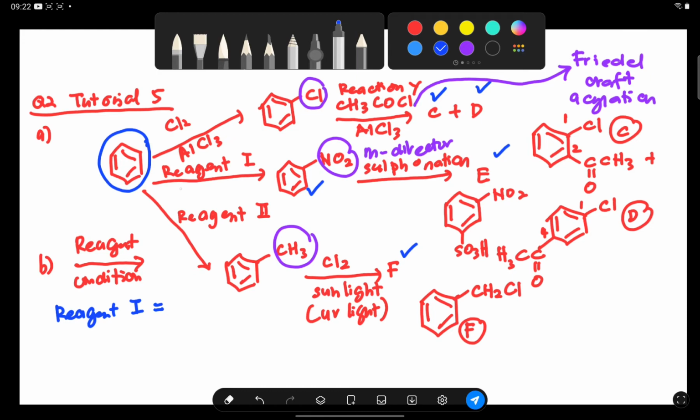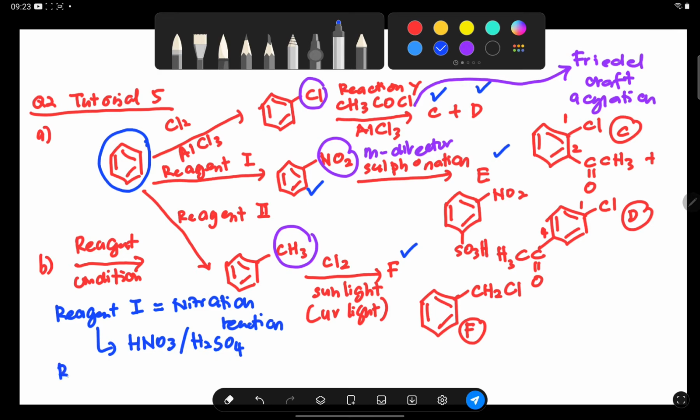So it is a nitration reaction. So the reagent is HNO3 in the presence of sulfuric acid. It means the reagent is nitric acid and the condition is in sulfuric acid, a strong acid with low pH. Sulfuric acid, this is the condition.